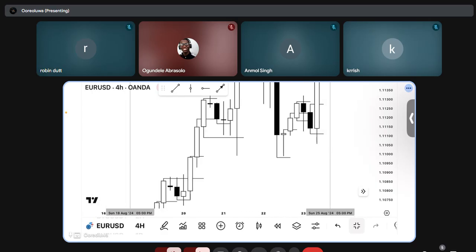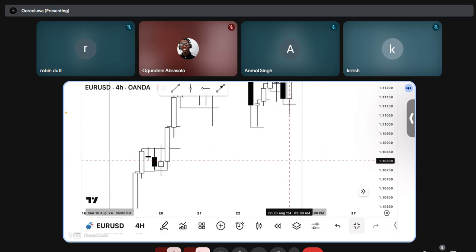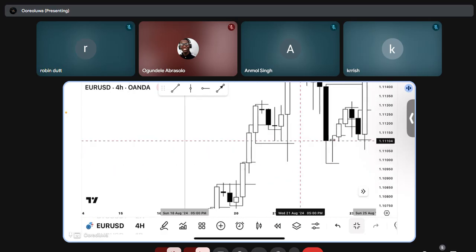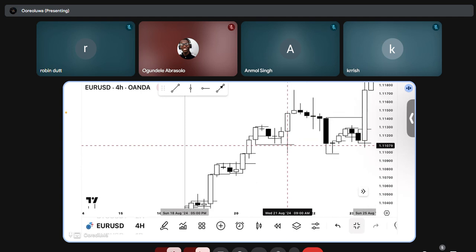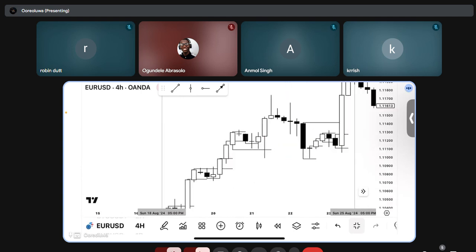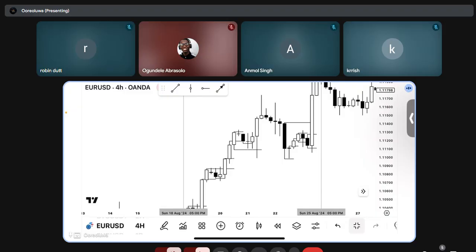Once price comes back into your stop loss, because this is where you have kept your stop loss, you just take a buy again, because you know this is actually what price is doing. All right, so it's not that hard. That's how simple it is.